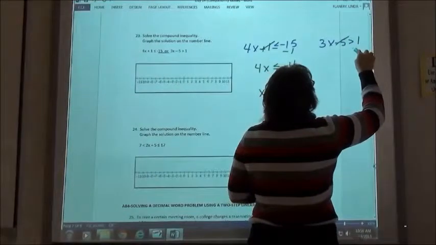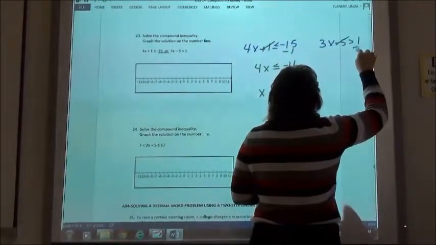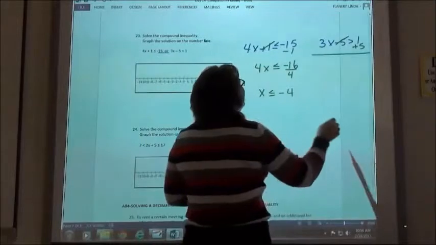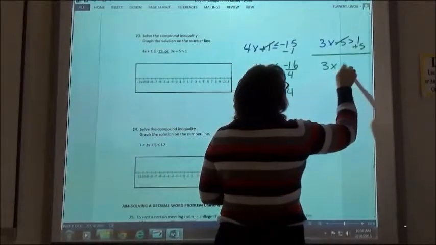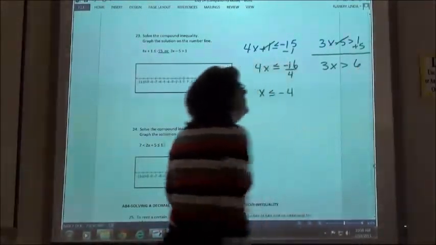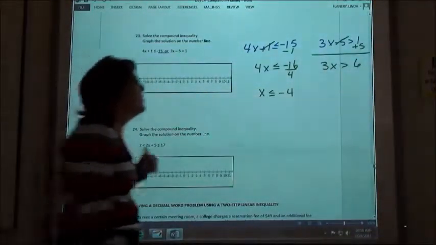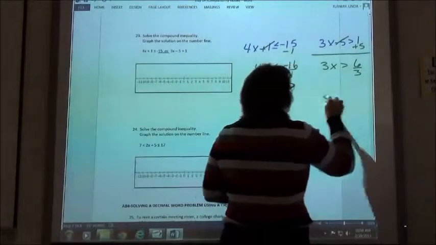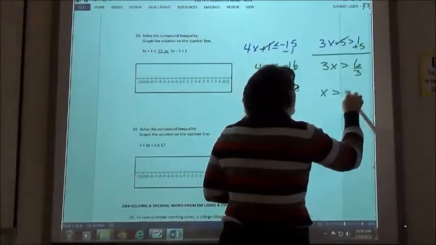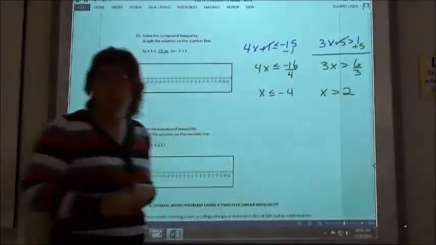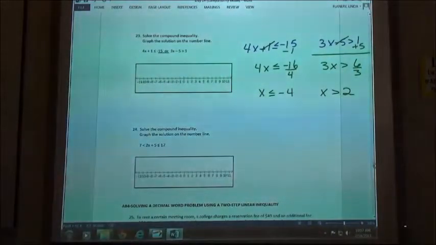Make it a positive 5. So 3x is going to be greater than 6. And then we're going to divide by 3. And so x is going to be greater than 2. Again, we don't flip our sign because the 3 was positive.